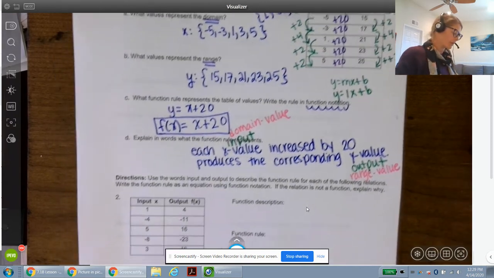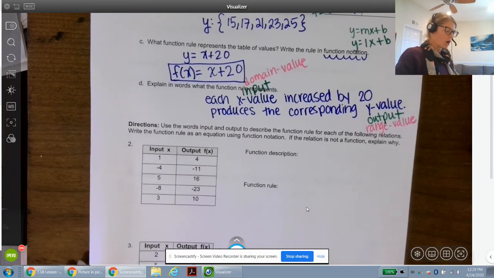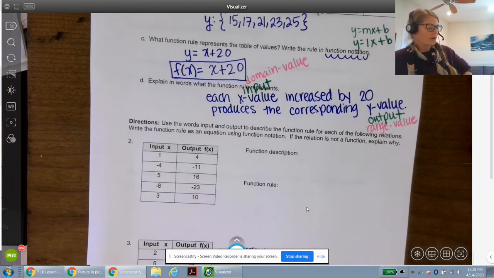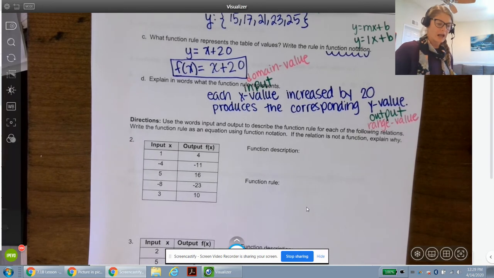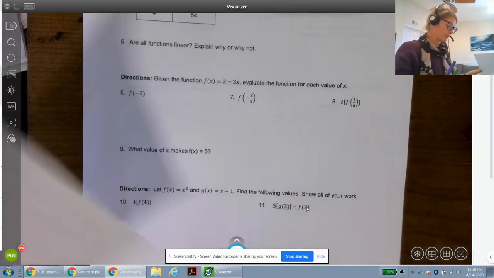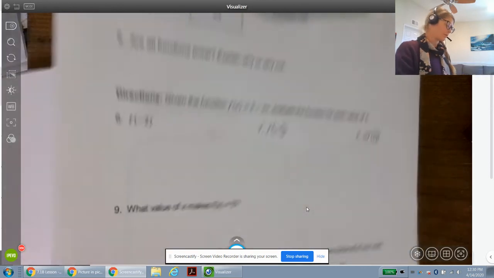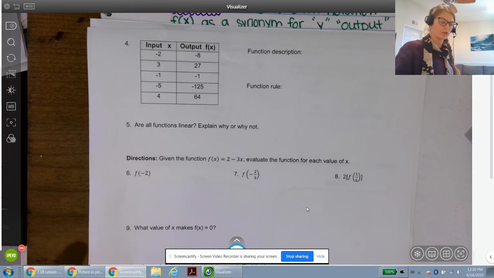Cool. Let's keep going. So 2, 3, and 4 are all tables where I'm asked for a function description and a function rule. I'm going to help you out on 4, and then we can go back and you're going to do 2 and 3.